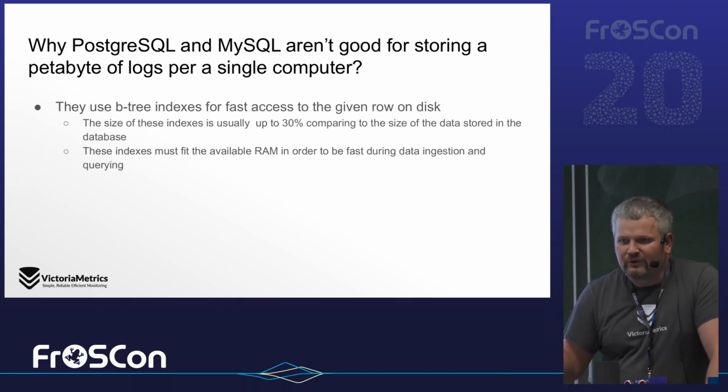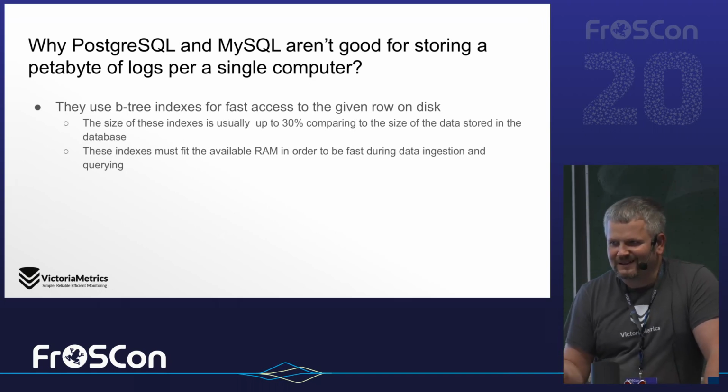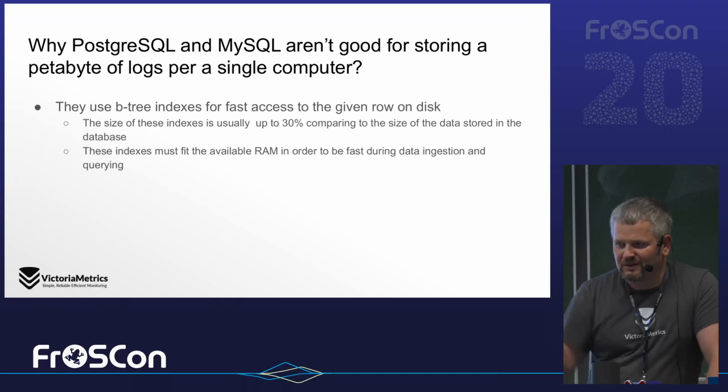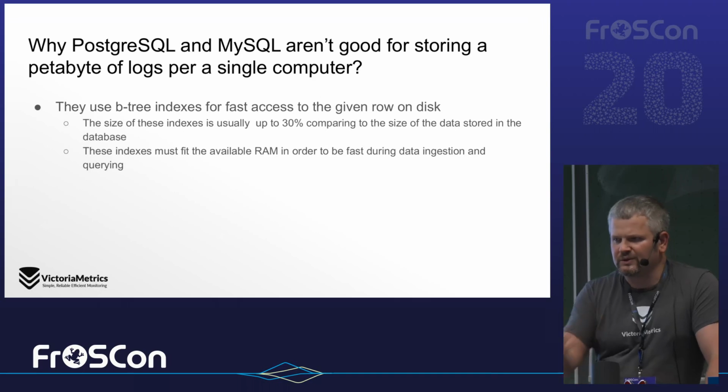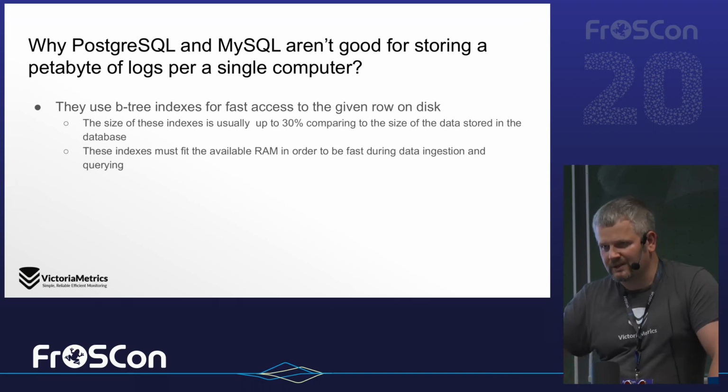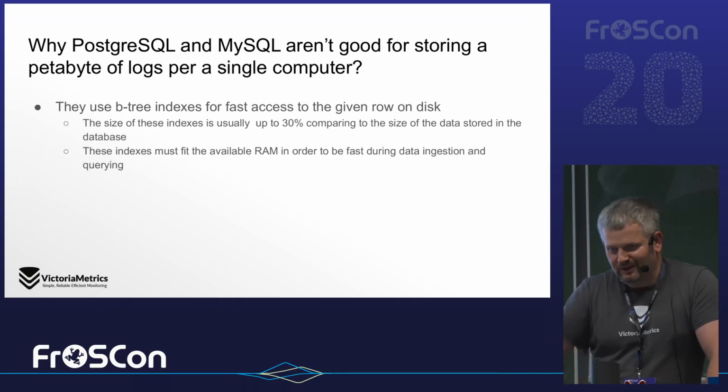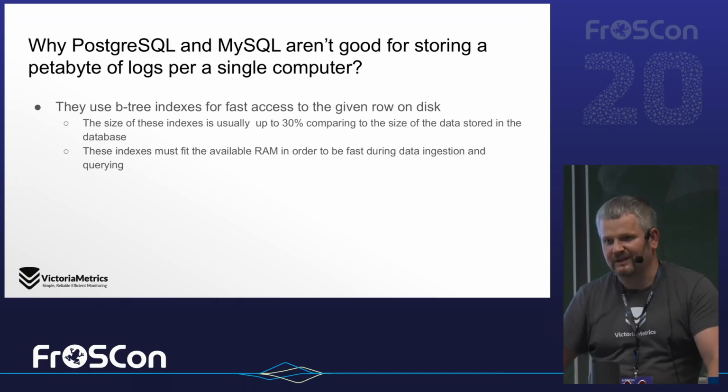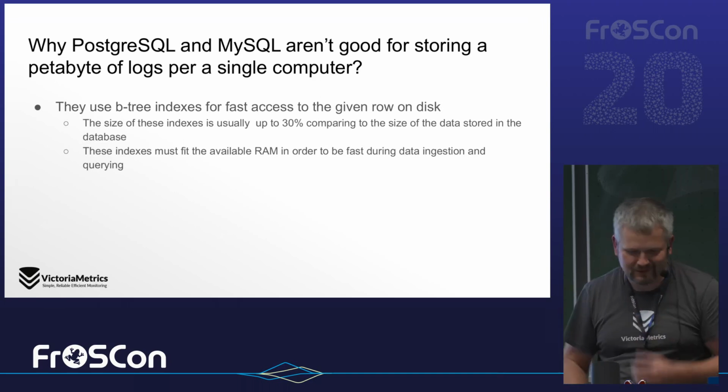And in order to be fast, all these indexes must fit into memory on a single computer. Otherwise, everything will be very, very slow. Data ingestion and querying, because during data ingestion, these indexes must be updated for each ingested row, and during querying, these indexes must be inspected in random order, I would say.